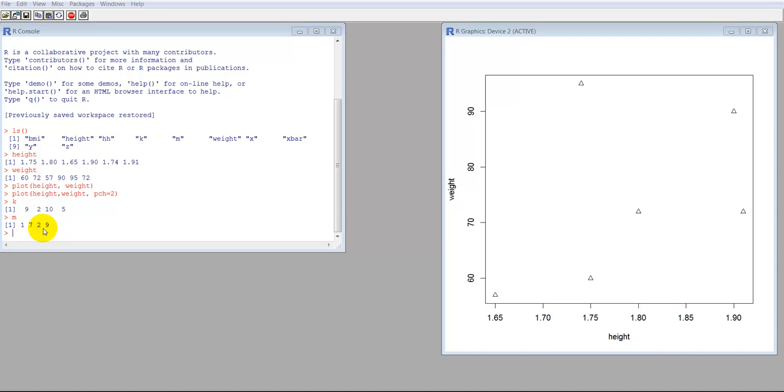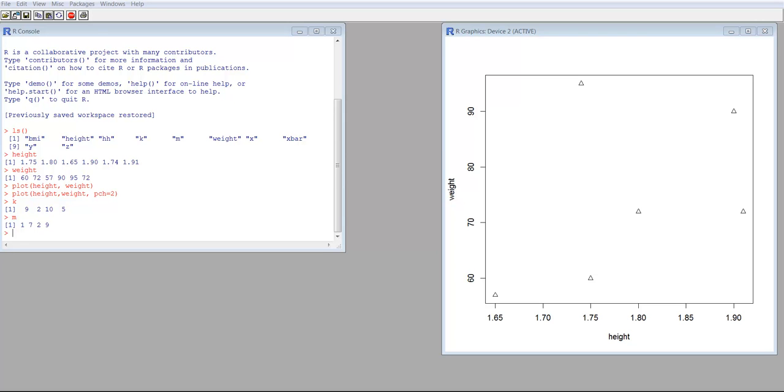You should know how to create 2 vectors like this, so please pause the video and do it. And remember that you should use the combine or concatenate c function to do this.